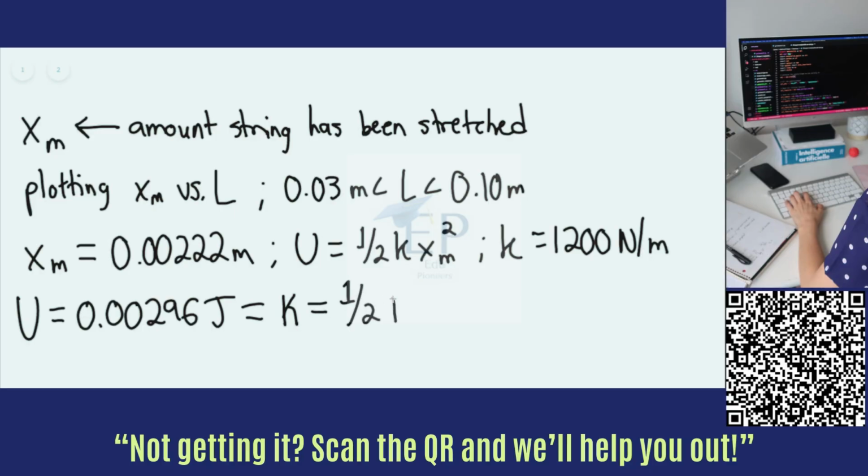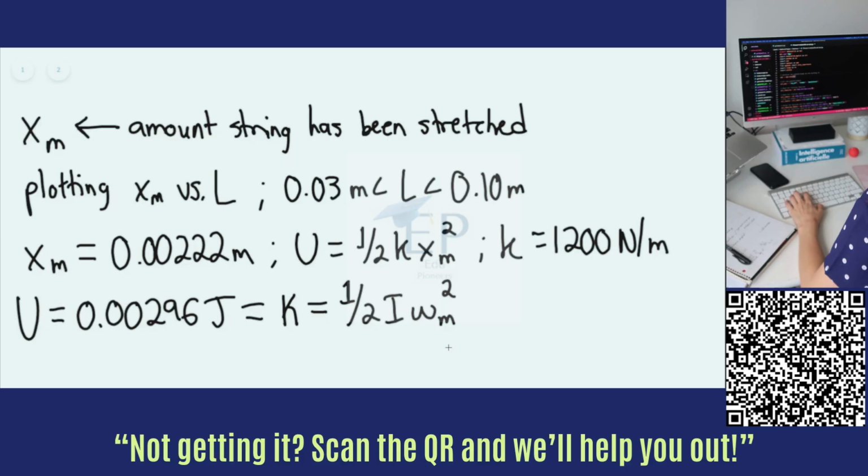So we can say that this is going to be equal to the kinetic energy of the block, and this is going to be equal to 1/2 times the moment of inertia multiplied by the maximum angular speed squared.